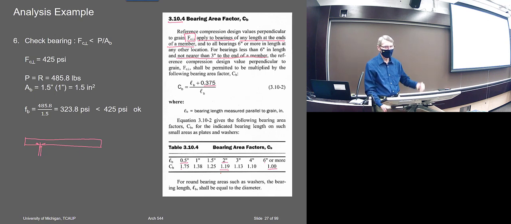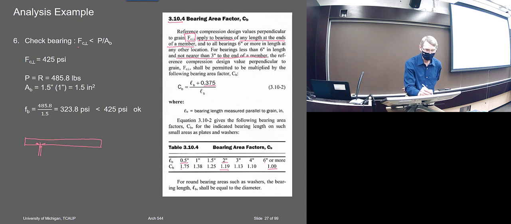So this CB factor goes on to the bearing stress, right? So that FC perpendicular, you'd multiply it by CB, and that would be the bearing factor. But in our case, it's at the end, so since we're using it at the end, there is no bearing factor.